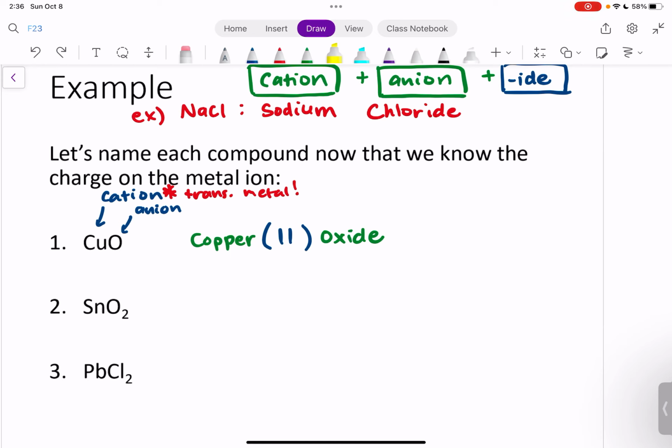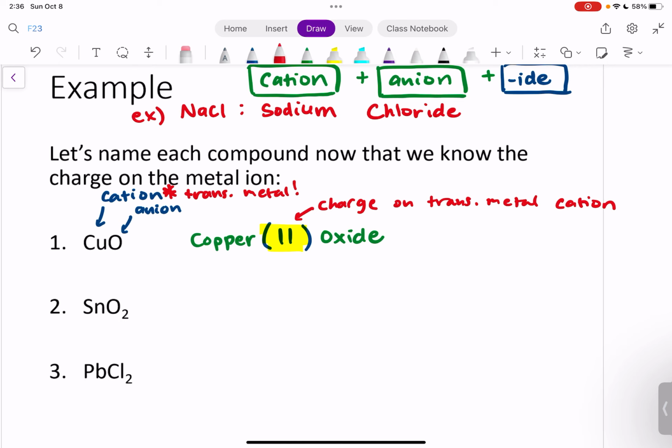Just gets to keep its name. And then we have the charge in the middle here. The charge on the transition metal cation. And then we list the anion as we always would, right? Oxide.